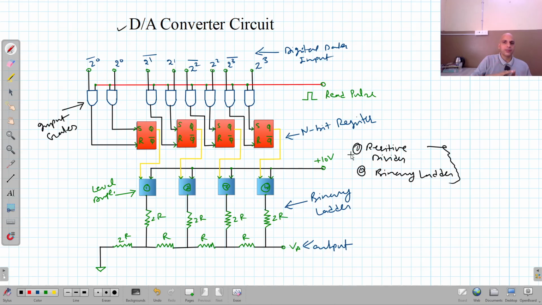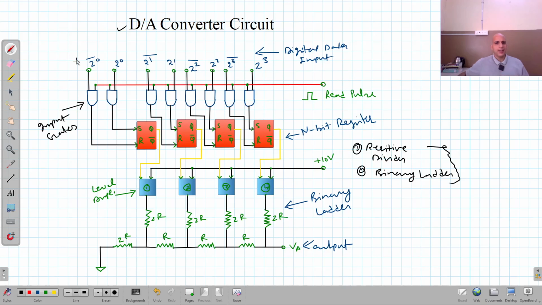The first and foremost requirement for D to A conversion is a register circuit. You know very well what registers are. Registers are those logic circuits which are used for storing digital information, and you have gone through the different types of registers.